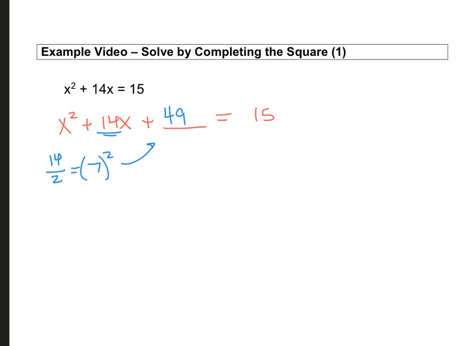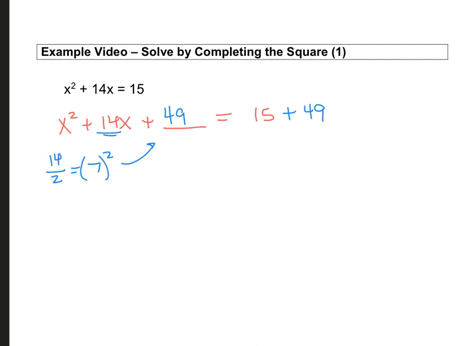If I'm going to add a 49 on the left side of my equation, I'm going to add a 49 over on the right side as well. What you do to one side, you have to do to the other side. So that's the first thing to keep in mind when you're solving an equation by completing the square.